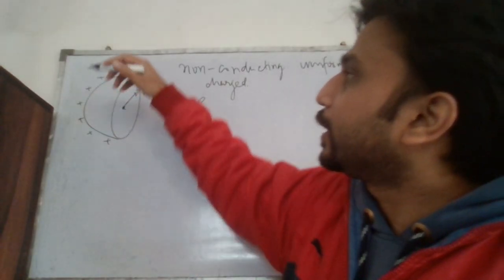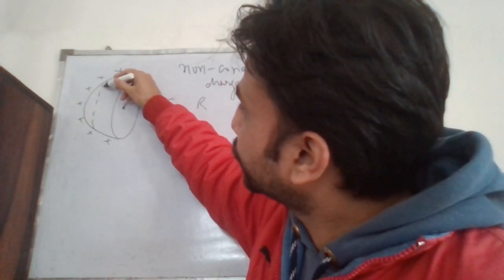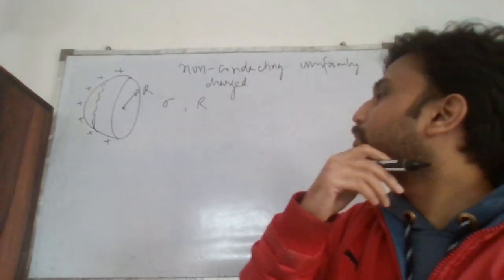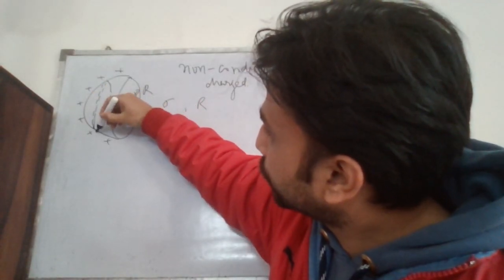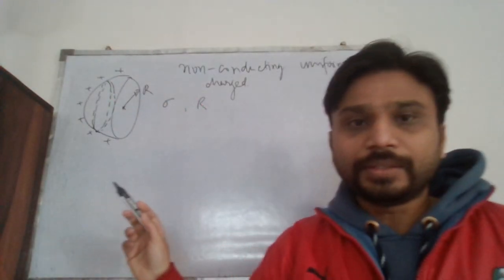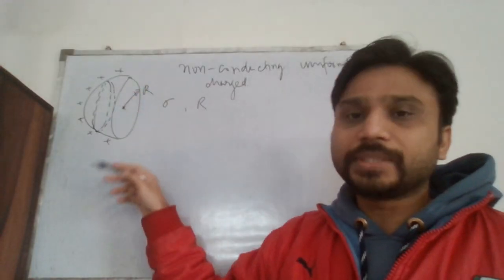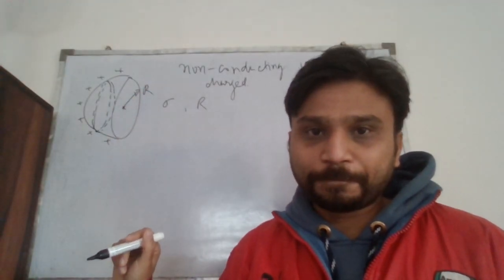If I were to take a ring-like element like this, we can find the field due to this ring at the center point.